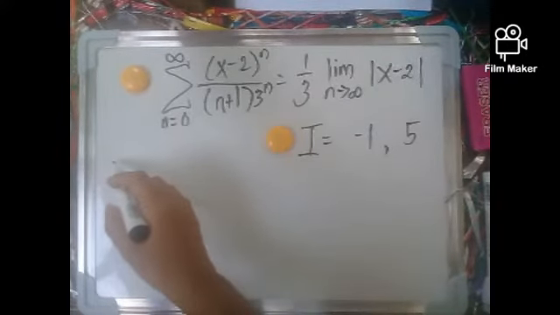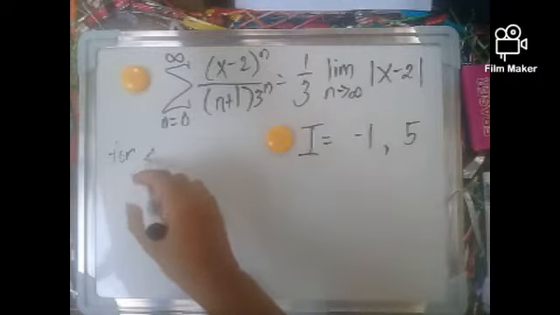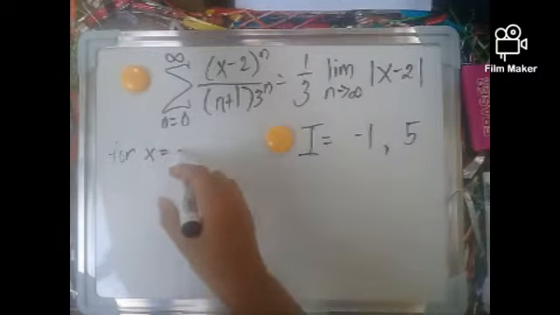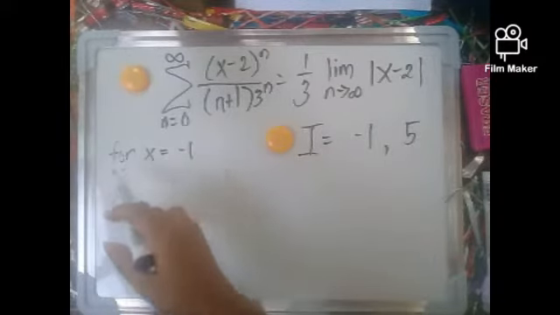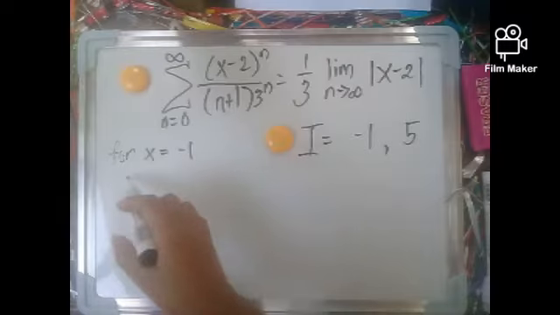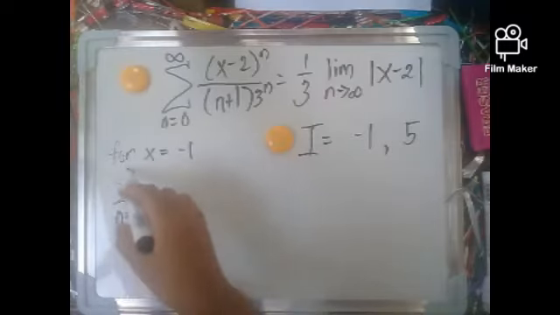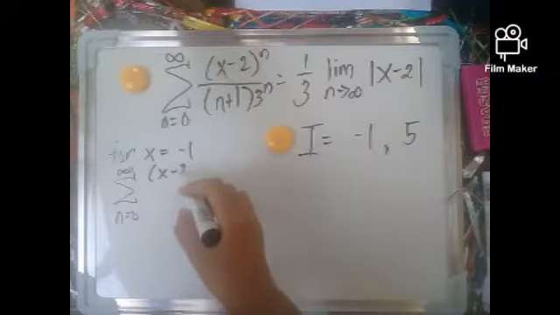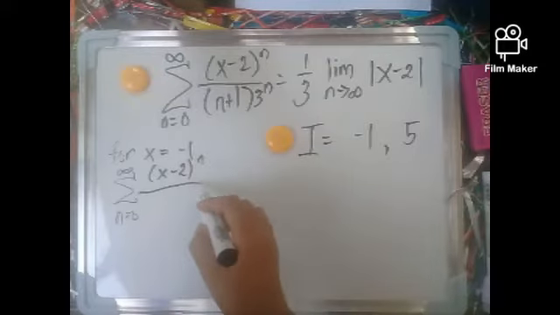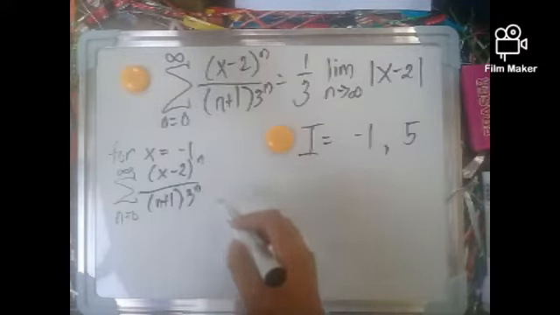So, let's test for x is equal to negative 1. So, this series as n is equal to 0 to infinity of x minus 2 raised to n, this is our given, over n plus 1 times 3 raised to n.